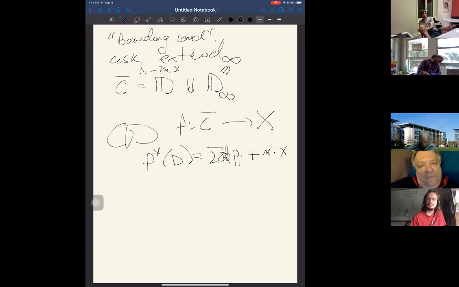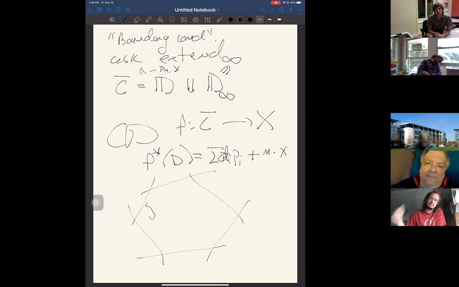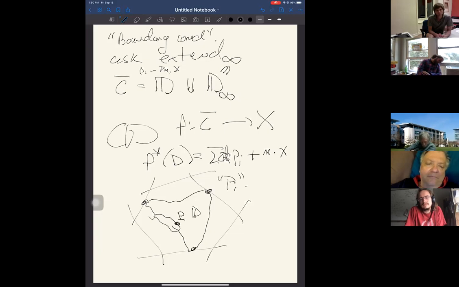So what's the picture? Maybe draw the picture here. Our original thing we counted were disks that had some contact with the boundary at the given points. Here's my disk D. It touched at the given points. These were the PI, and its marked point went through P. And now we extend it.